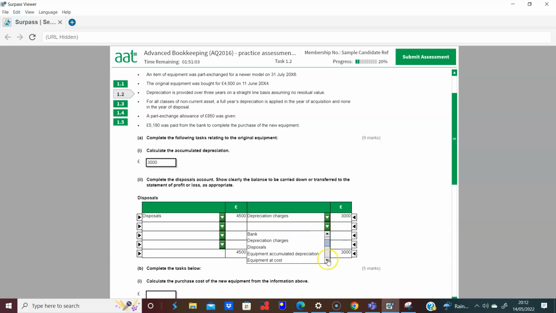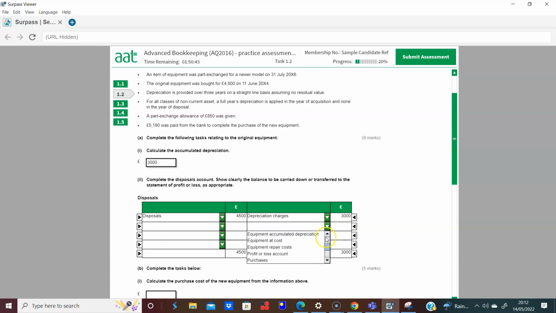Well, there is the part exchange. I'm looking for the bank, of course. Actually, I'm looking for the part exchange first. Okay, I can't find that. I know what to do.